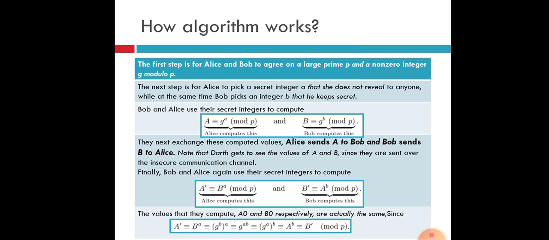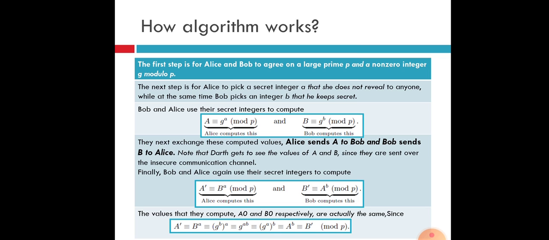The values that they compute, A' and B' respectively, are actually the same, since B raised to a is equal to (g raised to b) raised to a. At last we get the value of A raised to b is equal to B' mod p. This is all about how this algorithm works on the basis of equations.